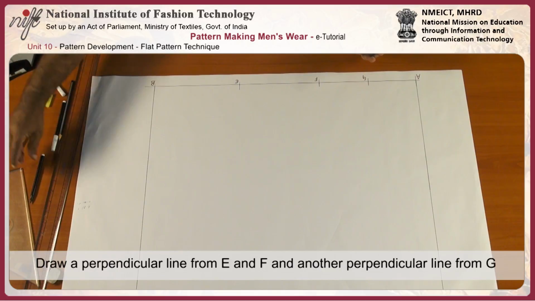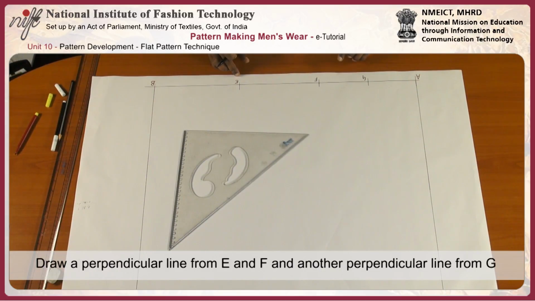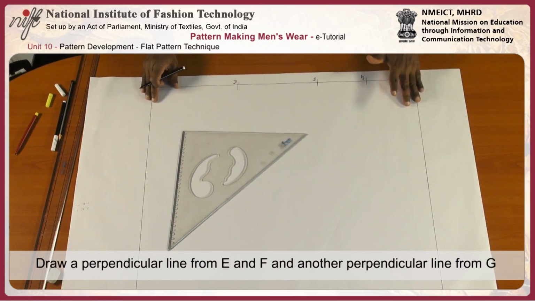Now draw a perpendicular line from point E, F and G is a short perpendicular line.